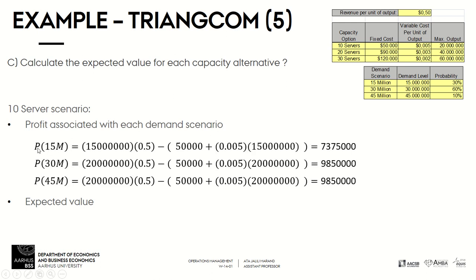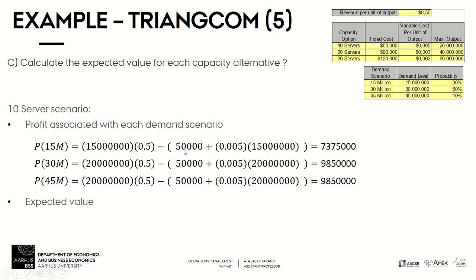Let's see the calculations. So the profit, this is denoted by P, associated with the first demand scenario, which is 15 millions, is equal to, first we have revenue, which is 15 million multiplied by 0.5, which is the unit revenue, minus the total costs.